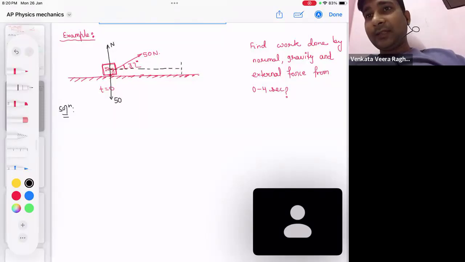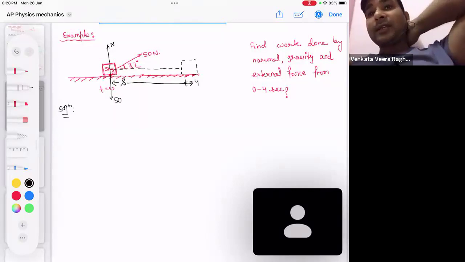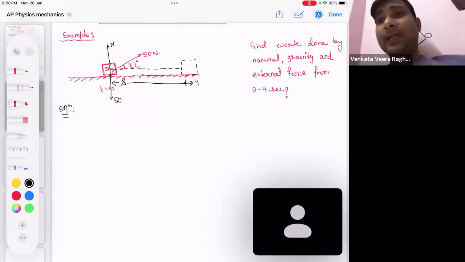After t equal to 4, somewhere here it will reach. This is what we call the displacement of the particle. So we have to calculate the displacement, but even without it I can write that the work done by normal is 0. Can you tell me the reason why work done by normal is 0, and why work done by gravity is also 0?